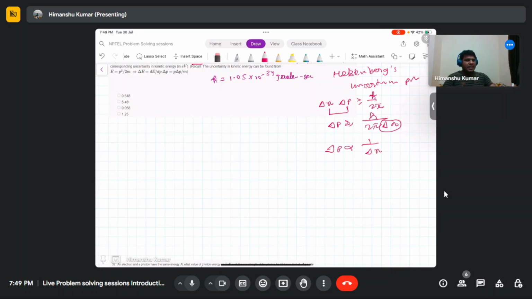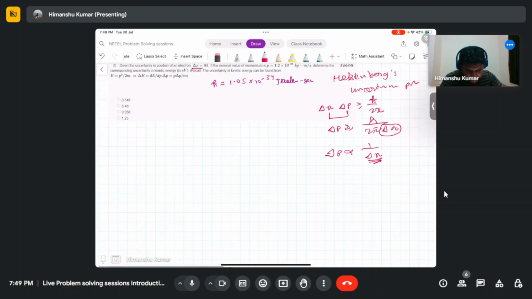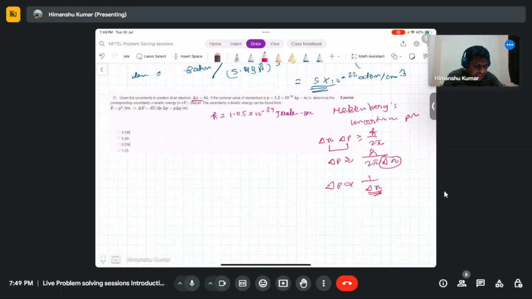If you know the position very precisely, then you don't know the momentum, the uncertainty in momentum is large, and vice versa. If you know the momentum precisely, then you don't know the position. So this is the uncertainty principle. Let's apply this to an electron.